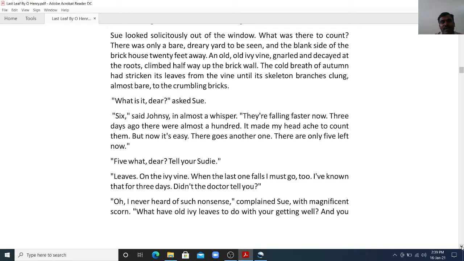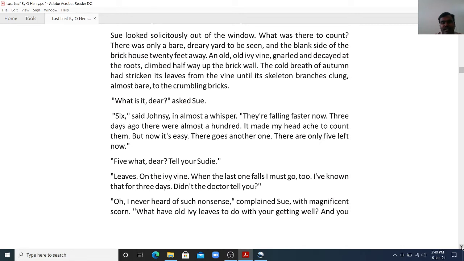An old ivy vine, gnarled and decayed at the roots. So there was only this ivy creeper, which was very old, and it had many twists and turns between the branches and the roots, and decayed roots. It climbed halfway up the brick wall.